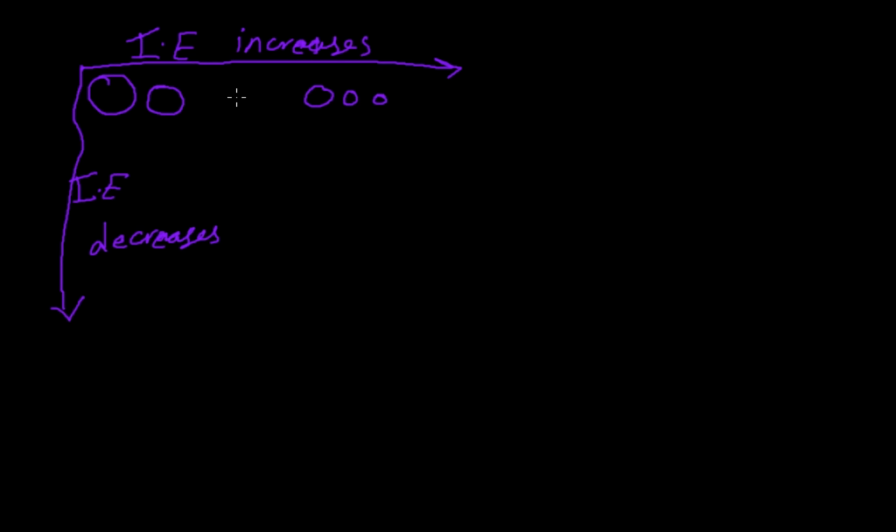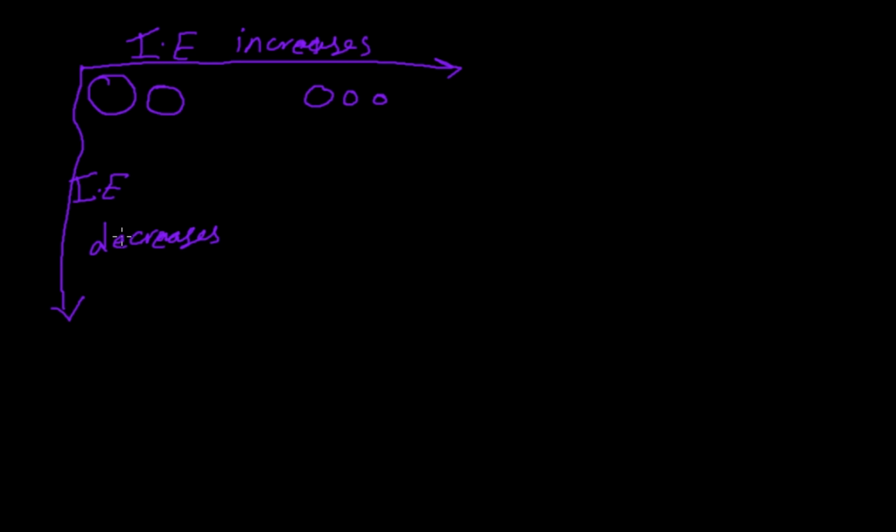When you have smaller atomic size, that means you have a high effective nuclear charge, and that means the electrons are tightly bound to the nucleus, and that will need more energy to remove that electron. So the ionization energy will increase.